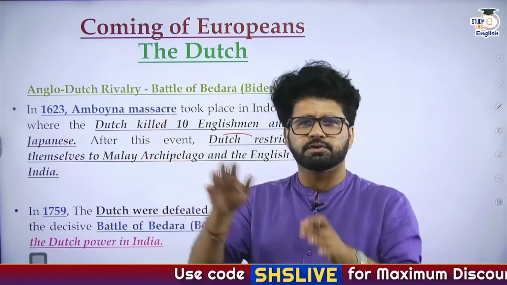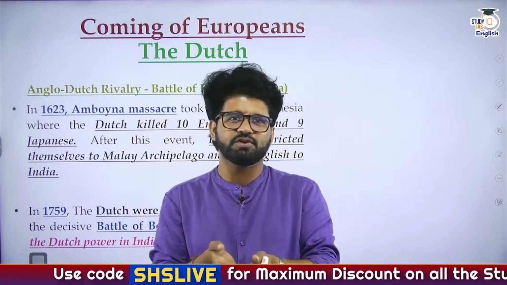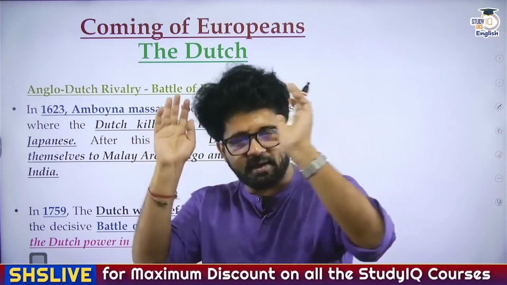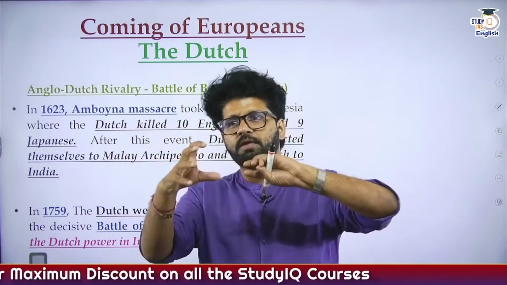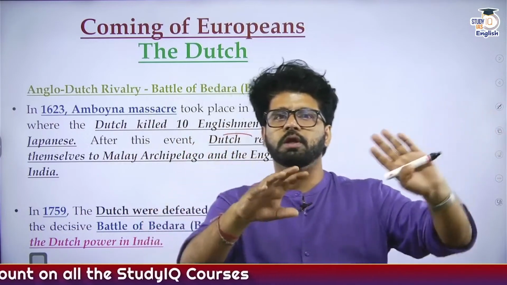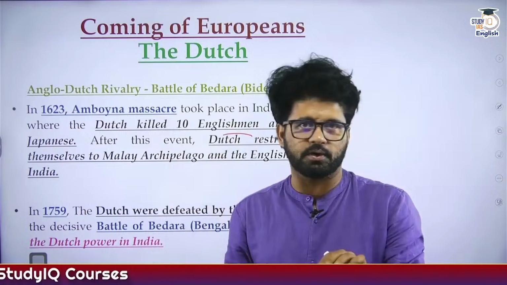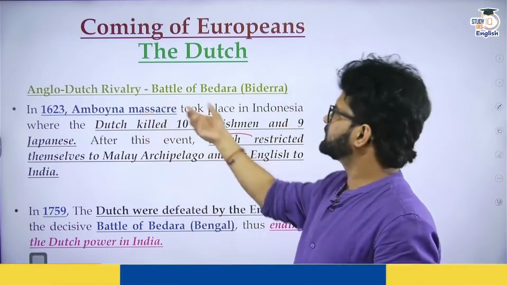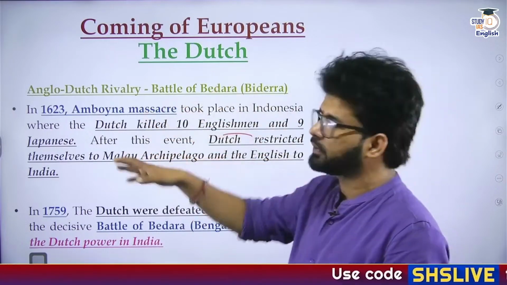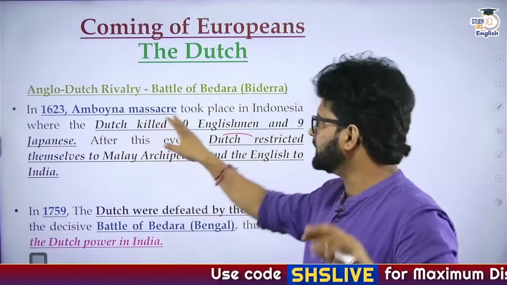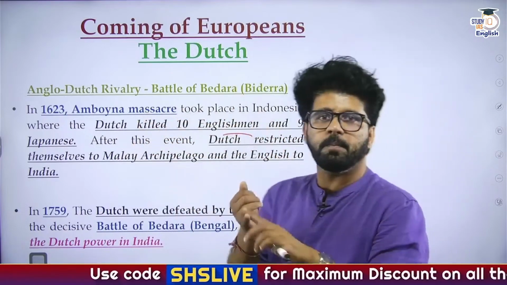For that, Justin Trudeau said sorry. Certain incidents, even if they happened 100 or 200 years back, people still talk about because they are that important. This Amboina massacre still gets talked about in Dutch and British Parliament, and it became a major bone of contention.